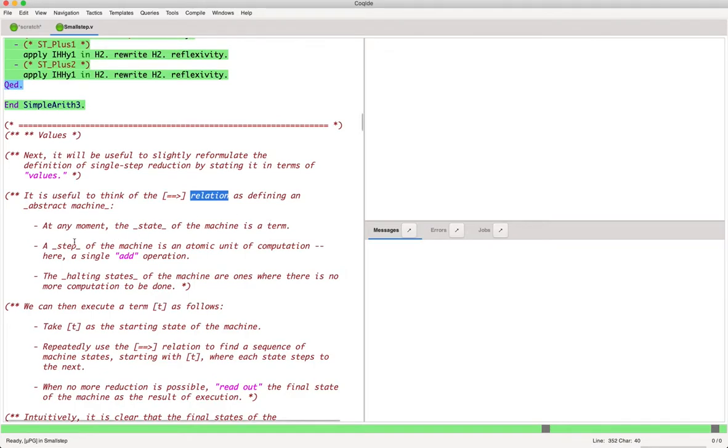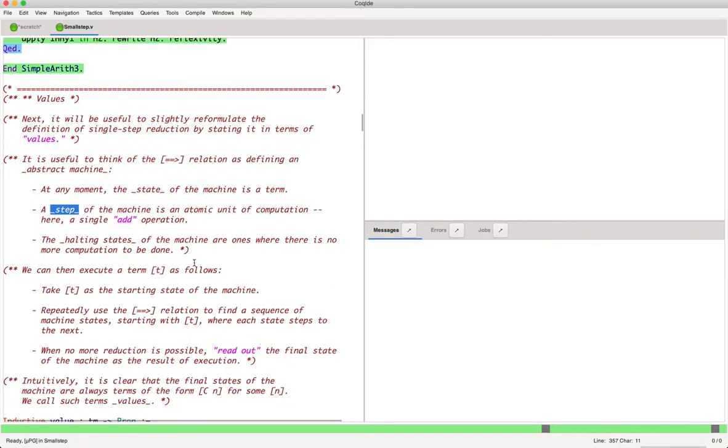And a step of the machine, like an instruction step in a real machine, is just some operation that the machine is going to carry out, and the halting states of the abstract machine are those ones where the state says we can't do any more computation at this point.